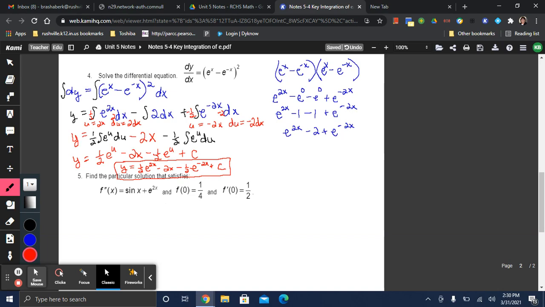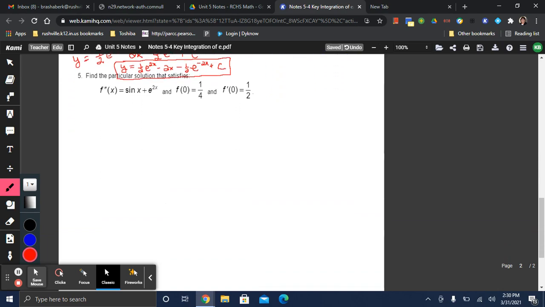Your final problem is to find the solution where you're given f of 0 equals 1/4 and f prime of 0 equals 1/2. So remember that if you start with a second derivative, you integrate twice so that you can get to the original problem. So we'll start integrating both sides.